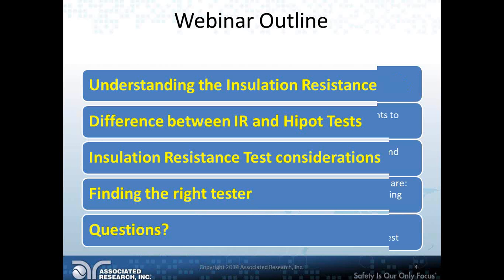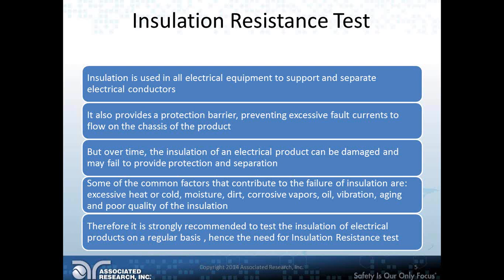But over time, the insulation of a product can be damaged, and it may fail to provide protection and separation. Some of the common factors that contribute to the failure of insulation of an electrical product are excessive heat or cold.